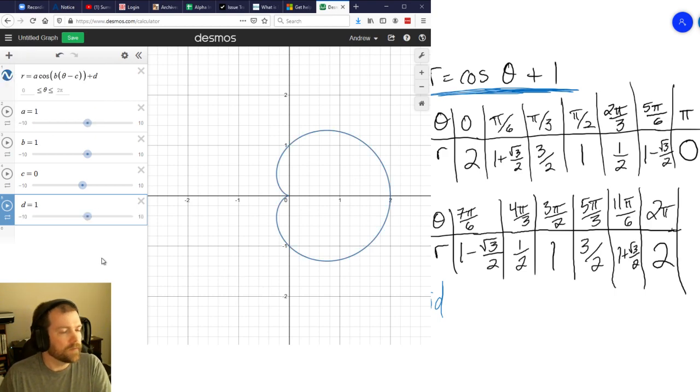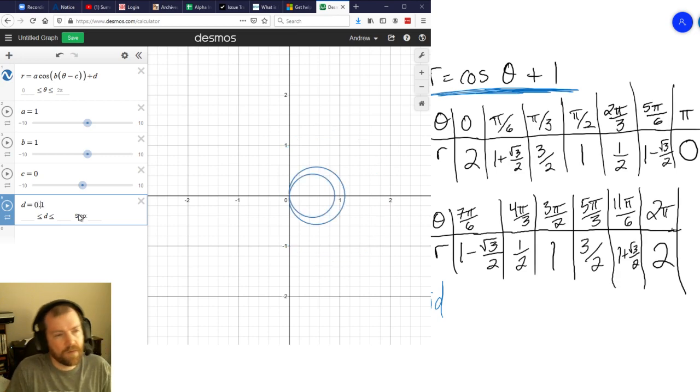Cool. All right, so then what about the intermediate values? What would have happened if our d value was less than our a value? So we knew what happened when it was 0, it was just a circle. But if we start adding something that's not 0, you notice that we get something that looks like this.